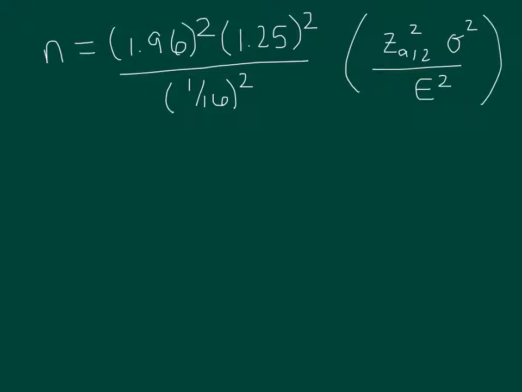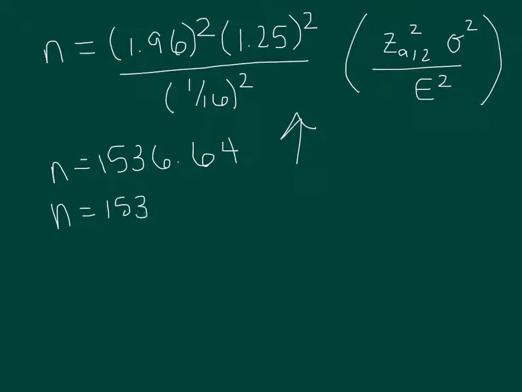So once we do that, we can calculate all that out. I got n is 1536.64. And remember, we always round up, so I'm going to say n is 1537. So that's the number I'm going to use moving forward.